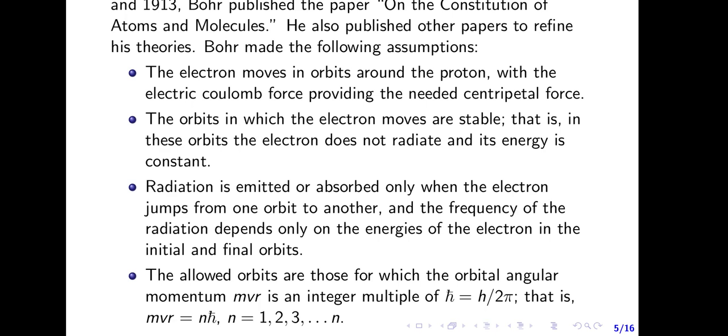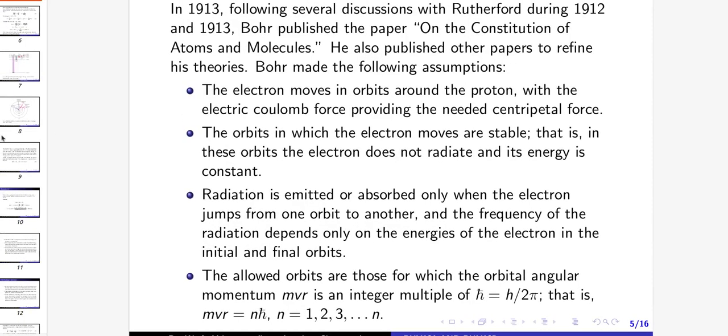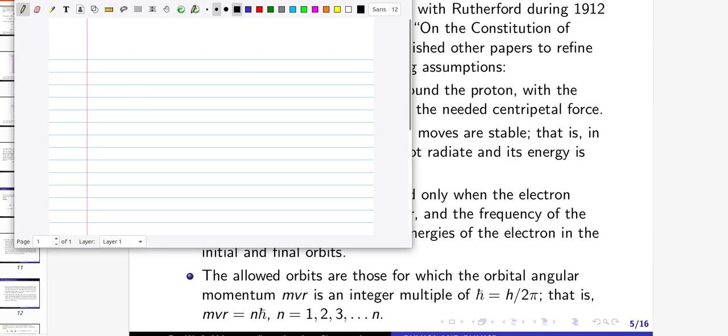Let me demonstrate. If you have the atom, and you have the nucleus at the center, and you have the electron here. The electron is negatively charged, so it's a charged particle. If it's moving in a circular path, a charged particle will lose energy.